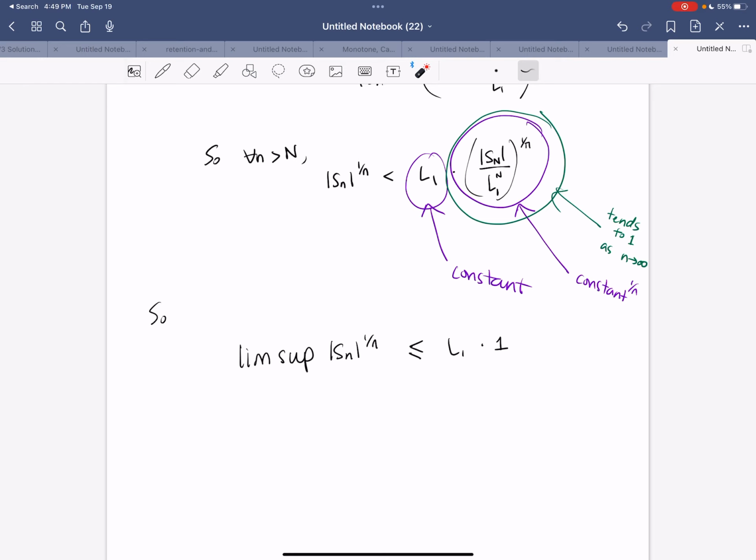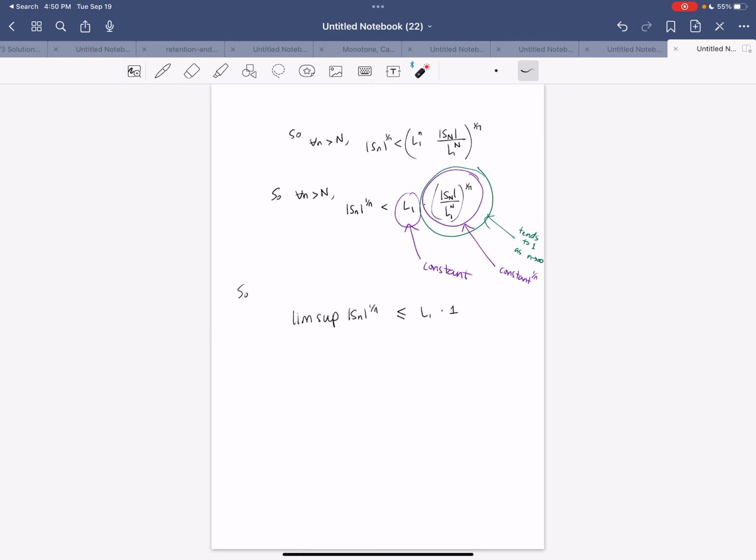So once one of the sups hits a number that's less than that, the remaining sups have to be less than that. So your limsup, the limit, has to be less than or equal to 1 times L1. So limsup is going to be less than or equal to L1.